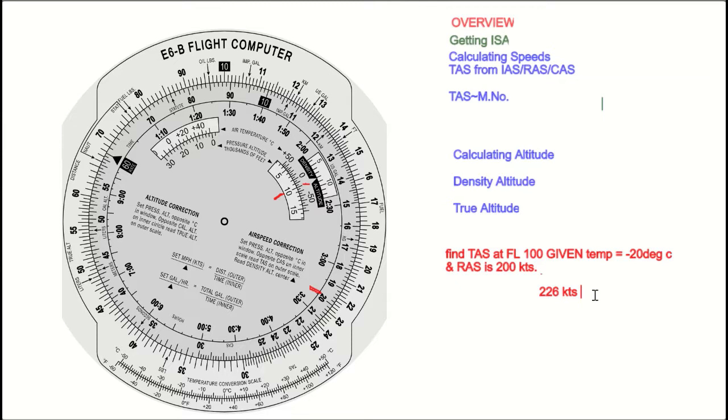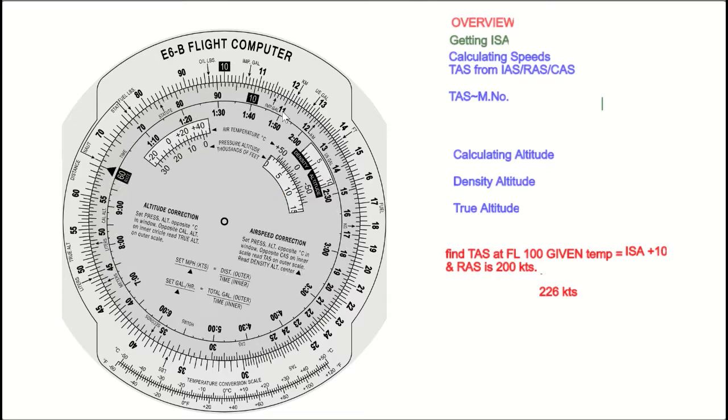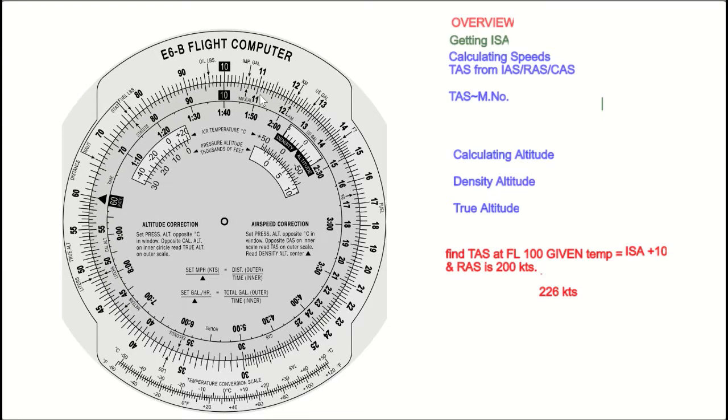altitude is known. Now let's say I didn't have this, and instead the temperature was given as ISA plus 10. Okay, so what do we do? First we'll find out what is the exact temperature, for which I will get 10 on 10.